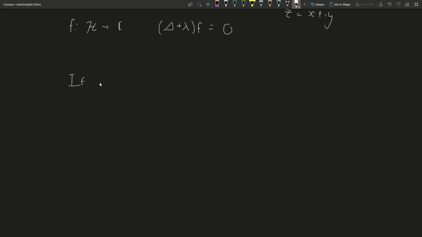So if f is only a function of y, so it's independent of x, then it's pretty straightforward to check that you can take f of y to be y to the s and y to the 1 minus s as your two solutions.